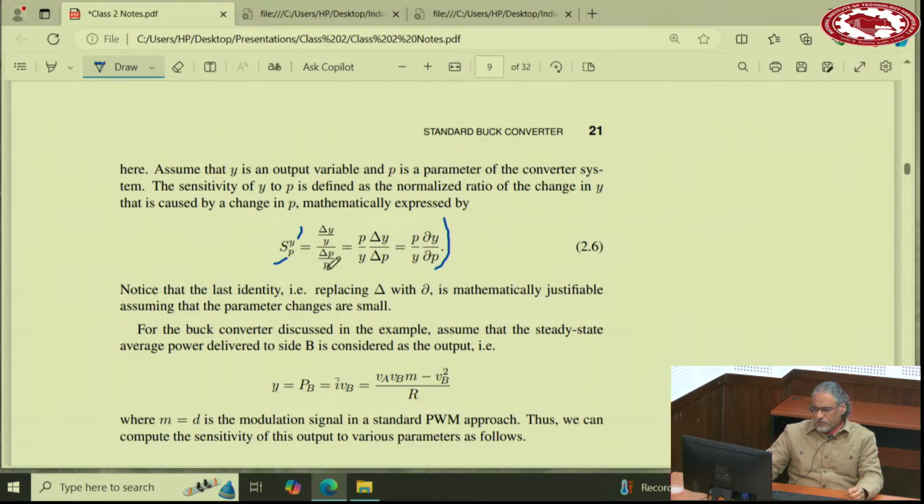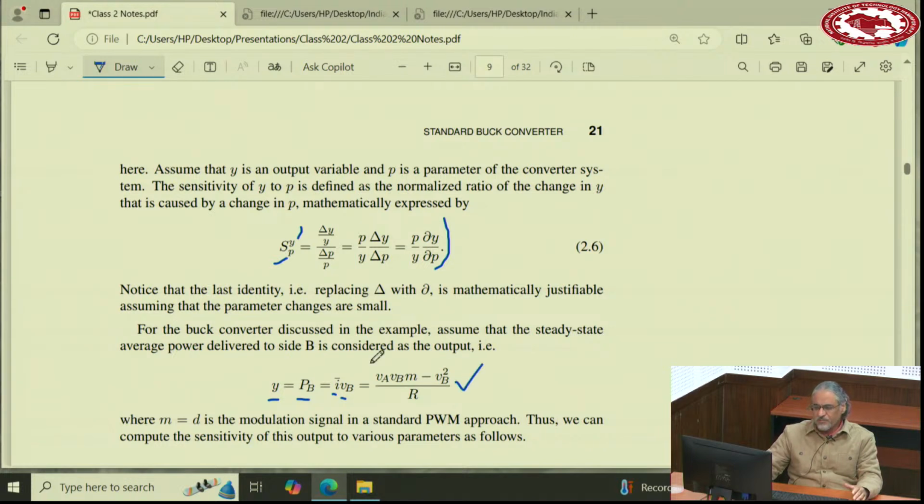For instance, for the buck converter, we were talking about the power. Let's say output is power at the B side, which is equal to the A side, doesn't matter, which is equal to current times the voltage, right? And the current is VA m minus VB divided by R, multiplied by VB.